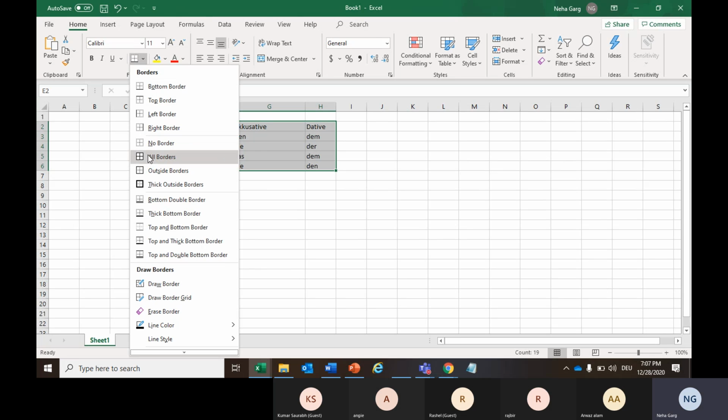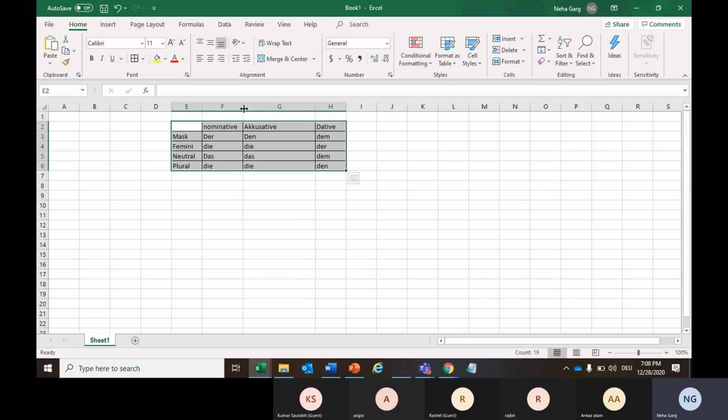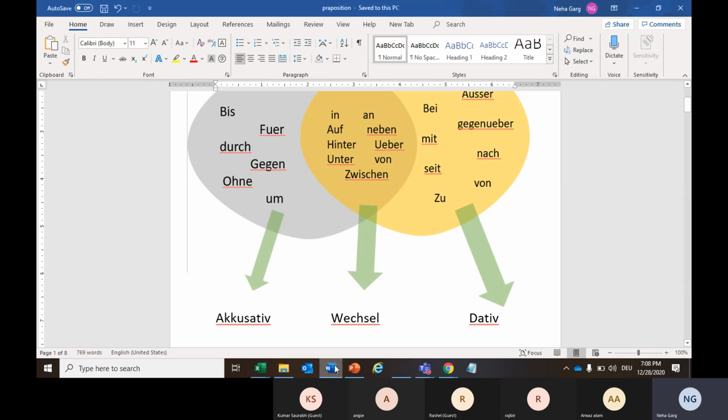Now, before we see how they can act either in accusative or dative case, let's see what all these prepositions are and understand their meaning first.